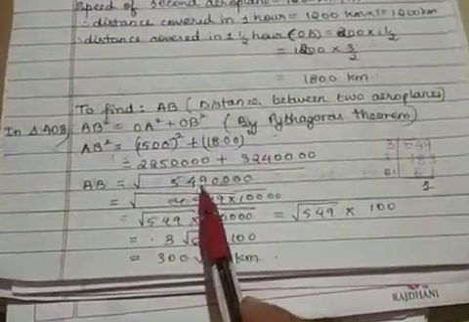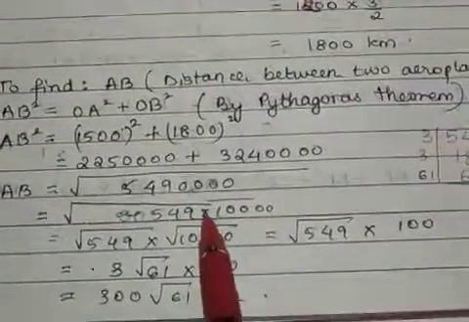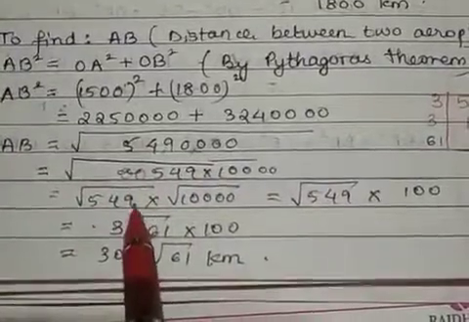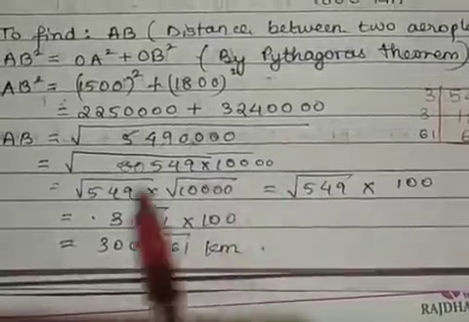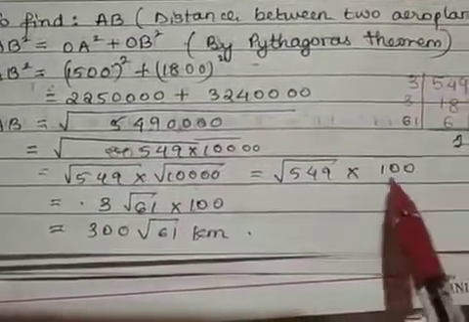Now let us simplify this. Let us split this: it is 549 multiplied by 10,000. So this can be written as square root of 549 multiplied by square root of 10,000. The square root of 10,000 is 100, correct?